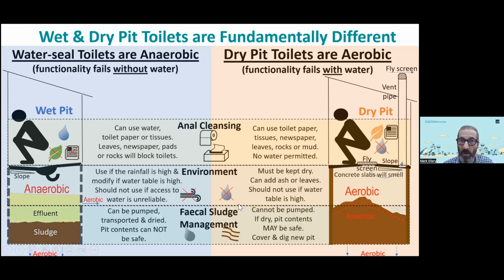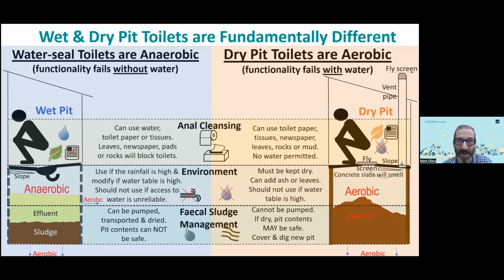In terms of what happens when they fill up, again, completely different. Wet pit toilets can be pumped out, but the contents will never be safe. They need to be transported safely and disposed of safely. Aerobic toilets, on the other hand, can't be pumped out.